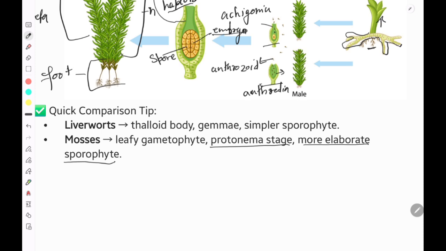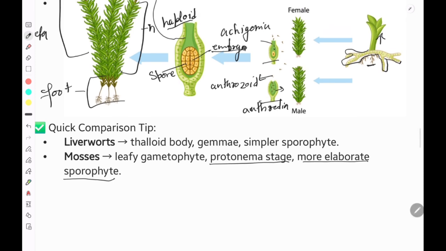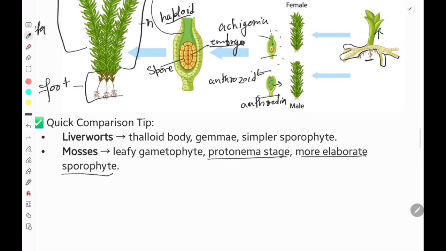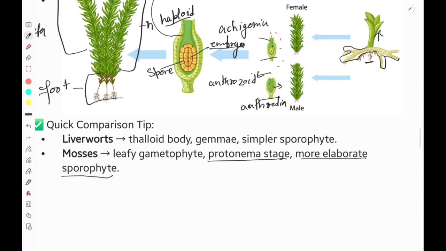In the liverwort, the sporophyte is not well differentiated, but when we see it in mosses, the sporophyte has different visual features as compared to the gametophyte.